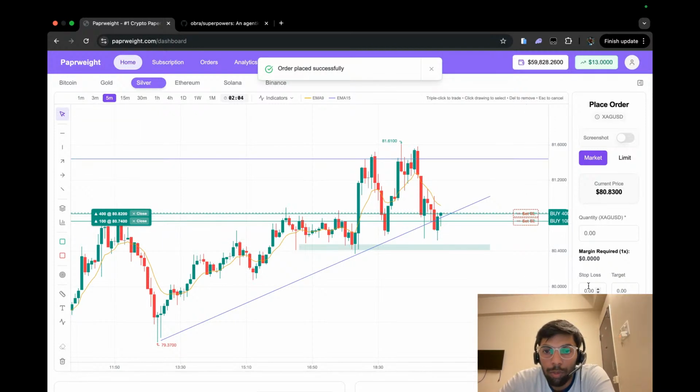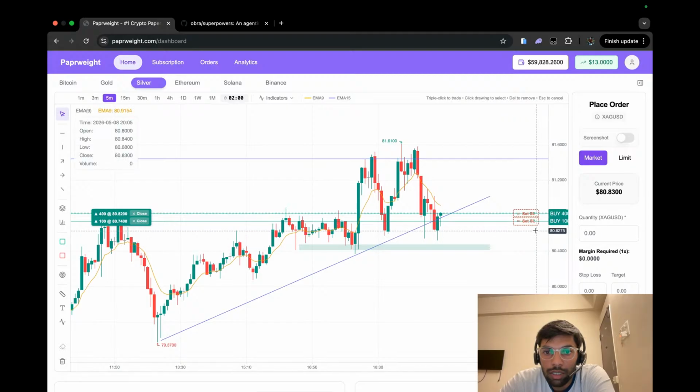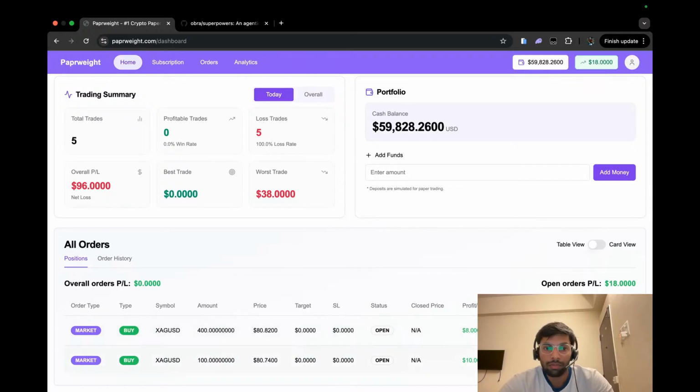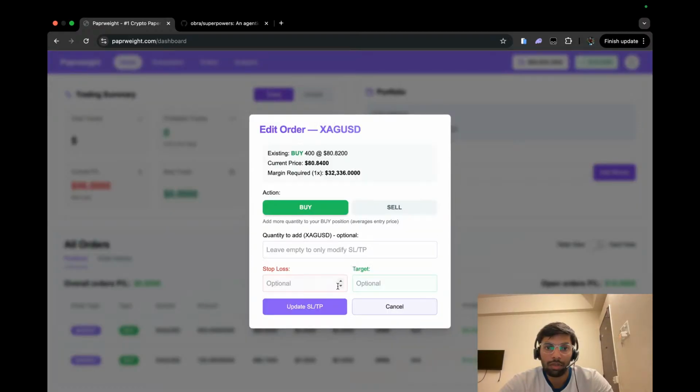About 400 more points, and I will set the stop loss to 80.63. 0.63.